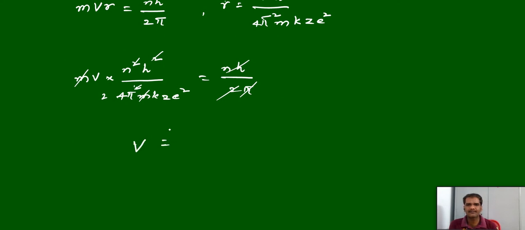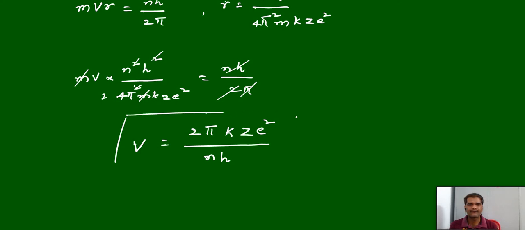Velocity v is equal to 2 pi, out of pi square one pi is cancelled out, let me write directly here, 2 pi kZe square by nh, and this is the velocity of an electron. Let me call it Vn.